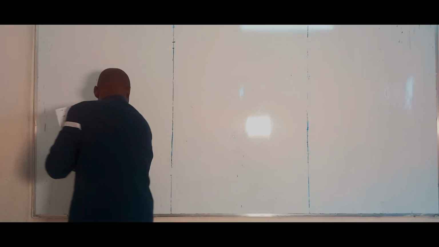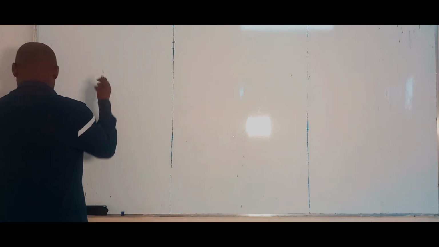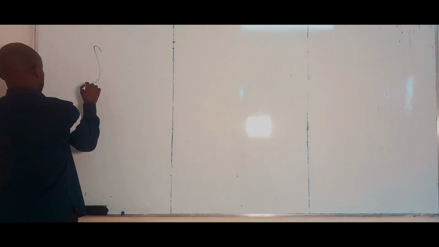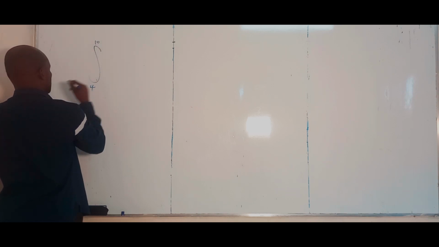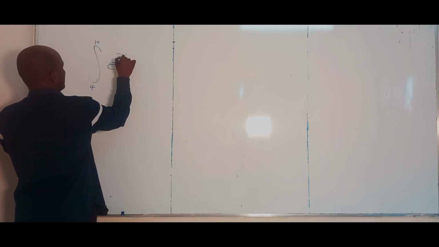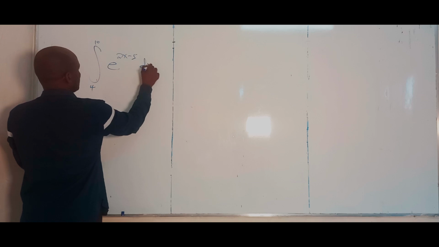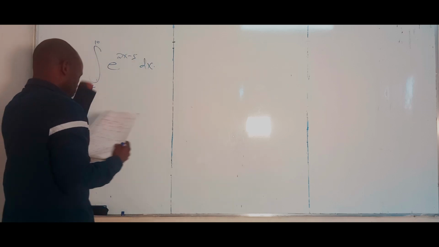Okay, now I have the integral from 4 to 10 of e raised to power 2x minus 5 dx.